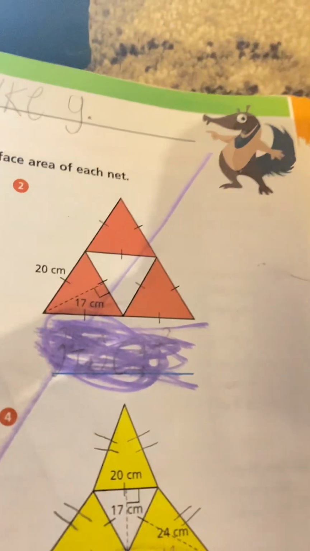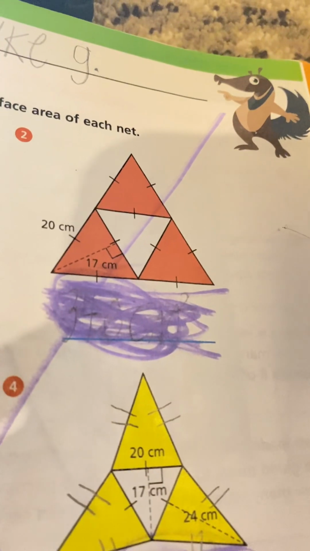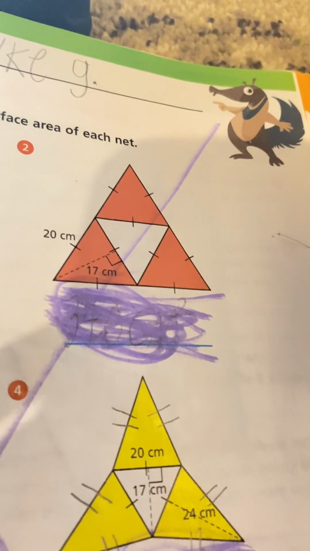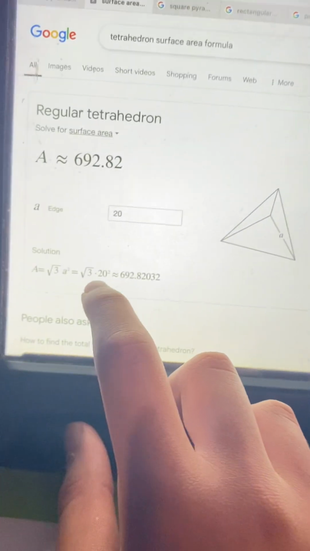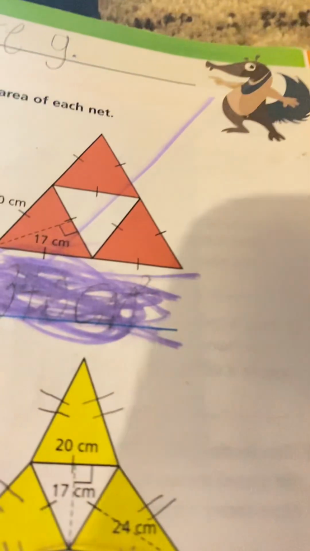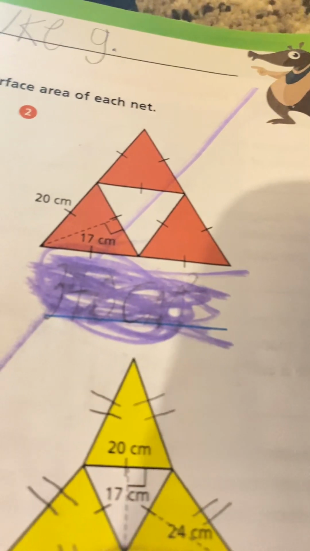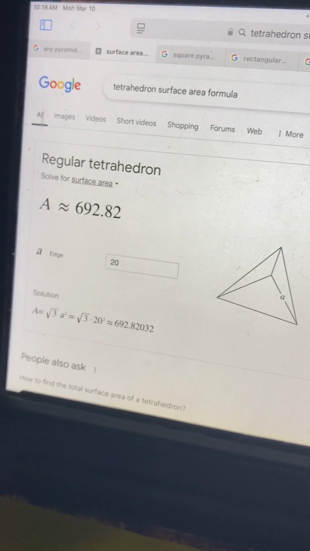But for a tetrahedron net, you do half BH times 4, because we're finding the areas of all the triangles. So the surface area of the net is different than that of the regular tetrahedron.